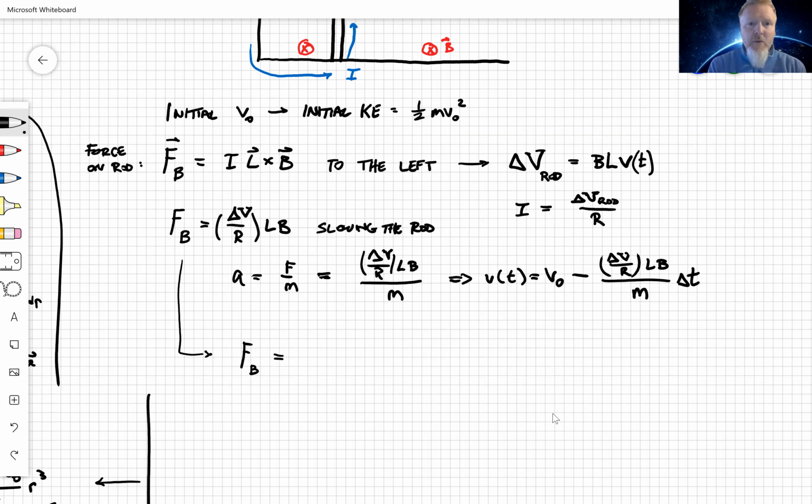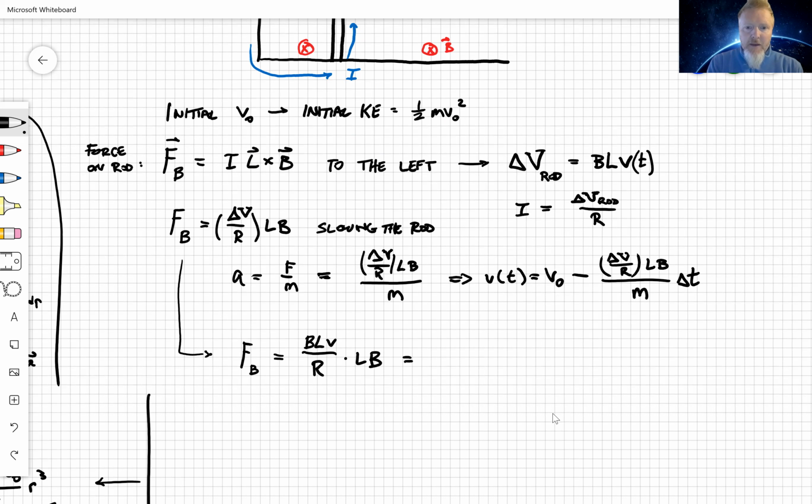so I figured out what delta V over R looks like, right? I know what my delta V is. It's BL times little v divided by R times LB. Is that right? Yeah. Okay. Potential divided by R. So what the force looks like now is just I got this L and B that I can square.